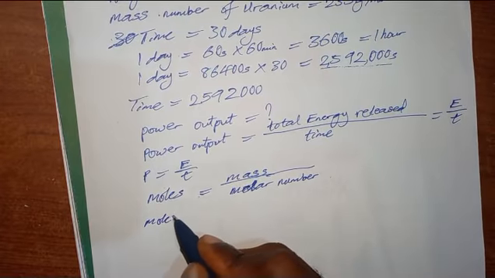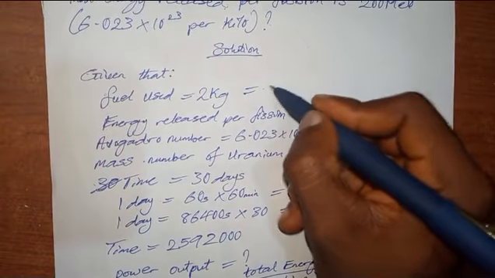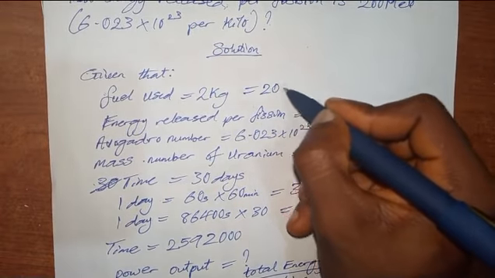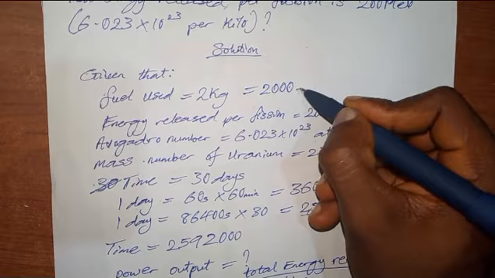Mole is equals to the mass given here. Let's convert it to its small unit: kilo is 1000, that's 2000 grams.